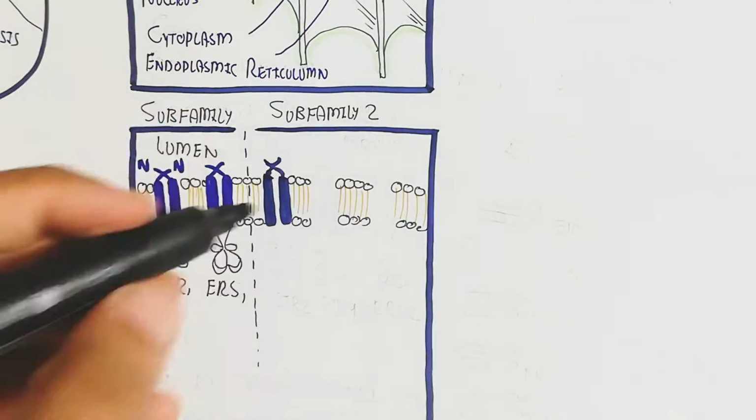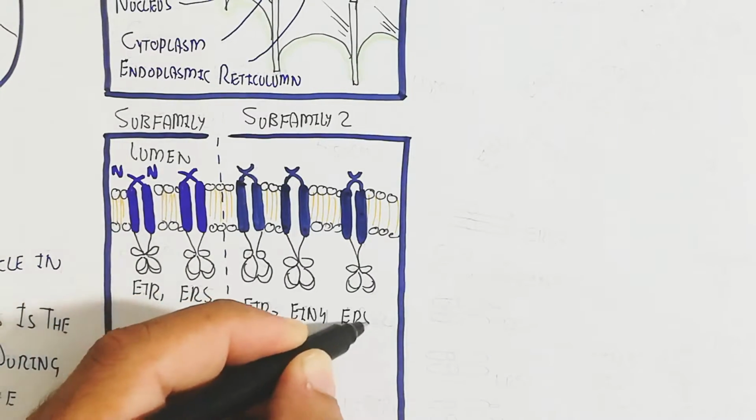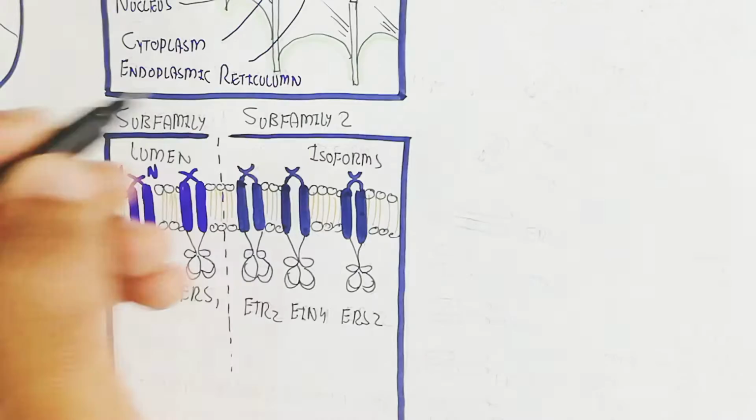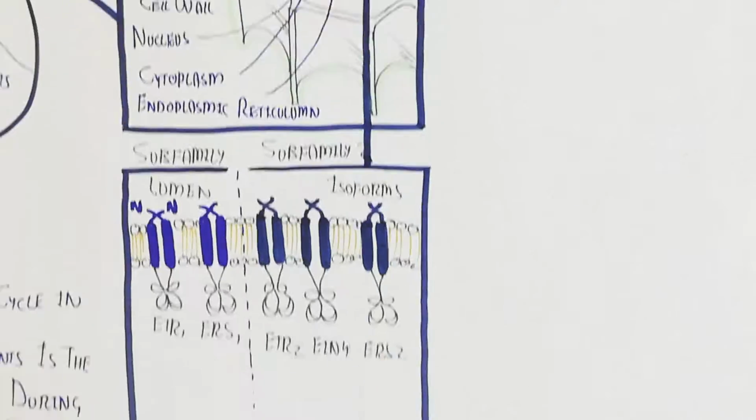cytosol, so the cytoplasm. Subfamily 1 contains ETR1 and ERS1, while subfamily 2 contains ETR2, EIN4 and ERS2.